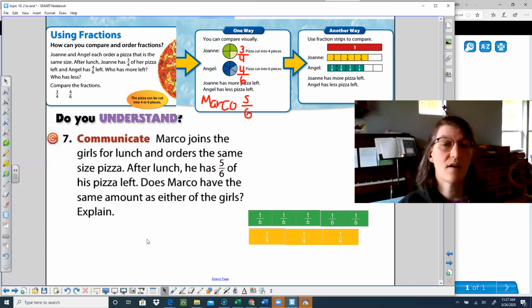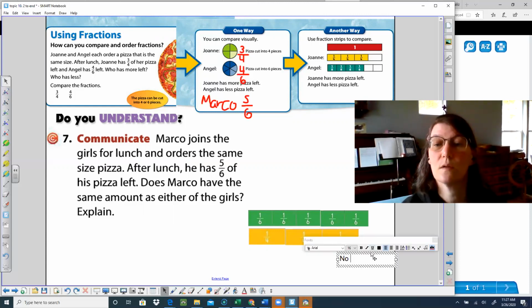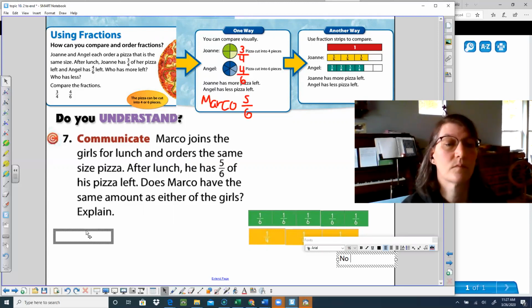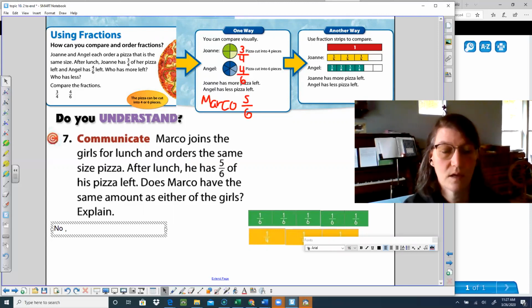So does Marco have the same amount as either of the girls? I'm going to type because that looks better. No. He has, and hopefully when you were thinking about it, you came to the realization that he has more than either of the girls.